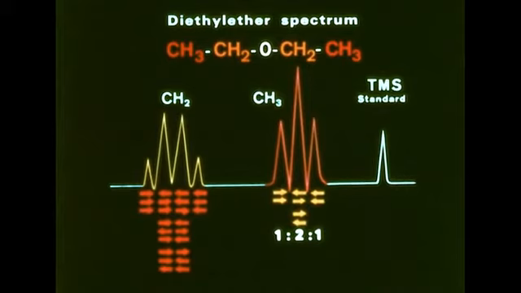The resulting resonance is a four-line pattern with relative intensities in the ratio 1 to 3 to 3 to 1. Again, the separations between the lines are the same in both patterns.